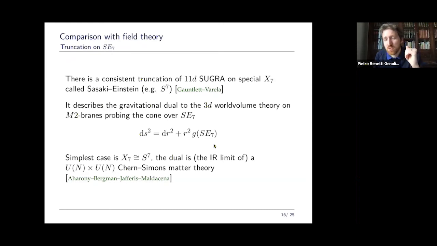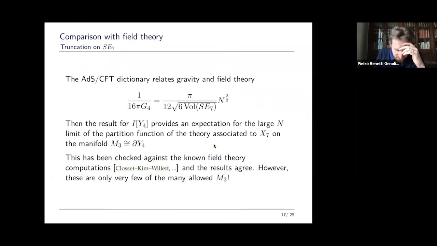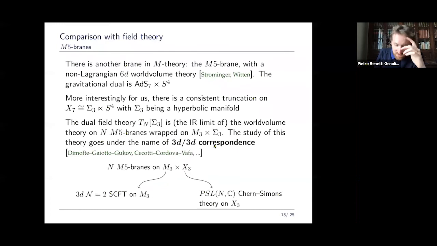You can compute the partition function for many of these field theories, and you obtain something that you can compare with gravity, and the match works. However, there is a more interesting field theory.